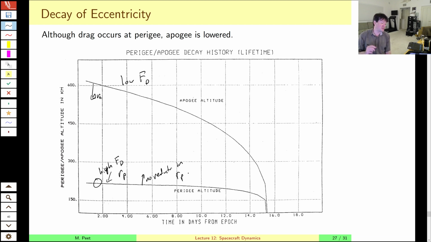So you get this sort of counterintuitive effect where even though all the drag is acting at periapsis, all the effect is felt at apoapsis.